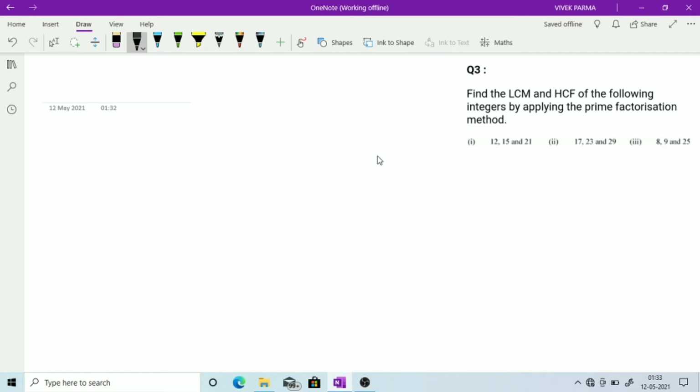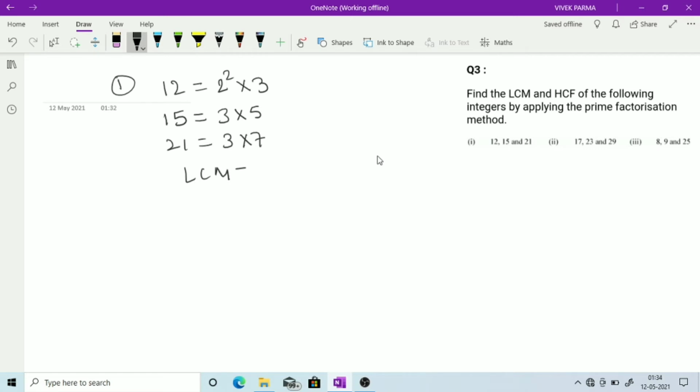So write here question number first, here 12. Write this 12 as the product of prime factors: 2 square into 3. And this 15 is 3 into 5, and this 21 is 3 into 7.